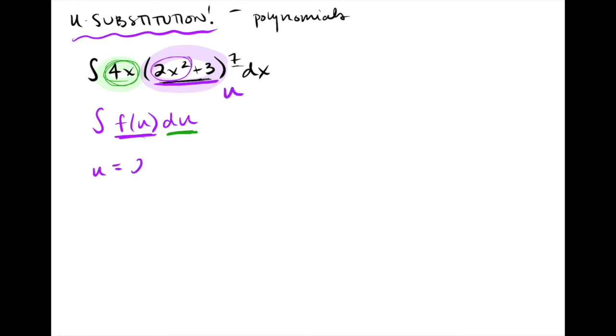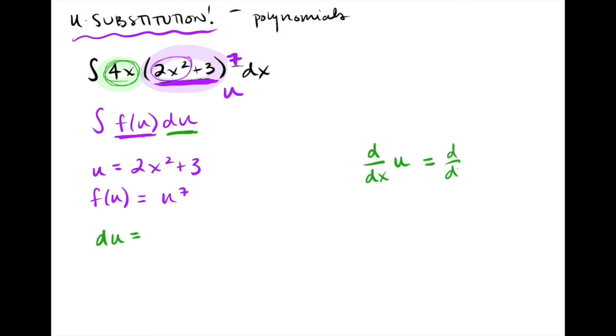If we make u 2x squared plus 3, that means the thing I'm doing to it, the f of u, would be u to the 7th, because the thing I'm doing to my 2x squared plus 3 is taking it to the 7th. All right, so now that I have that, I need to figure out if I can get a du. What is my du equal to? To do that, I need to do d over dx of u, and that is going to give me d over dx of 2x squared plus 3.